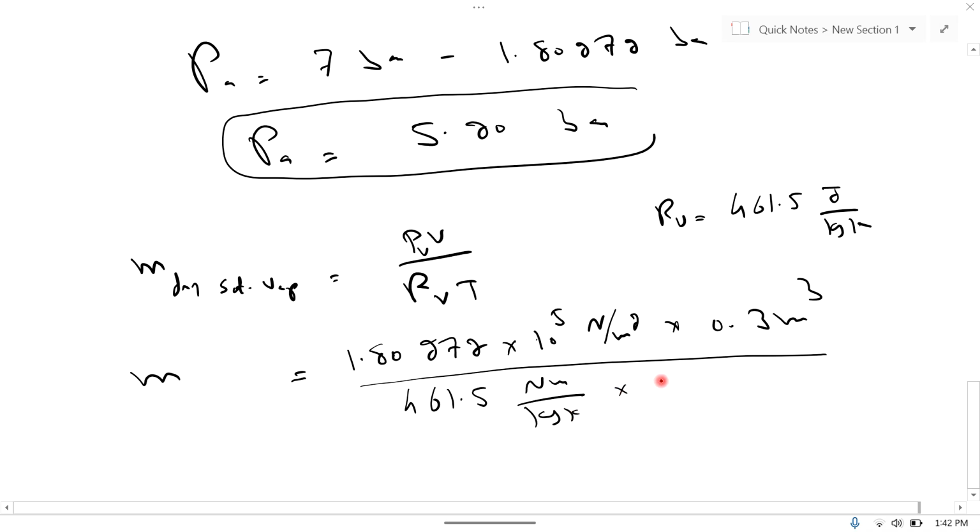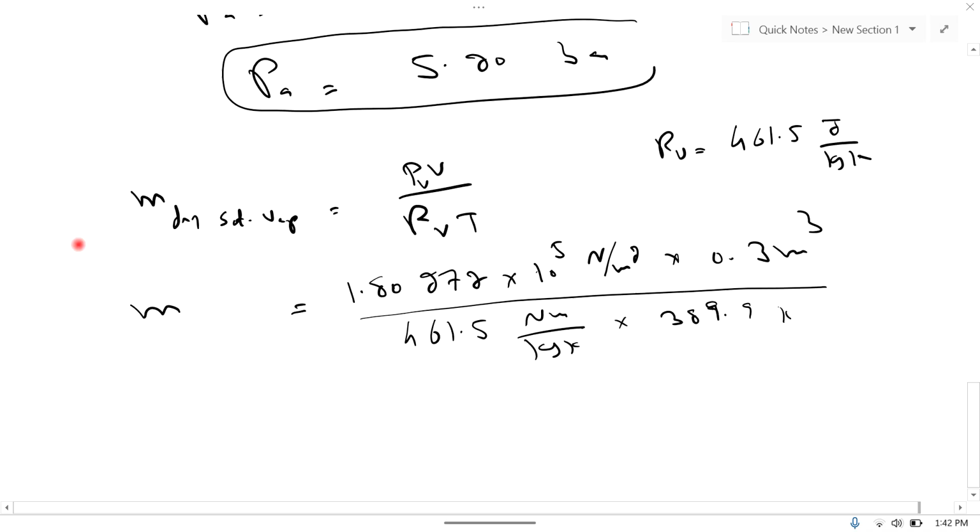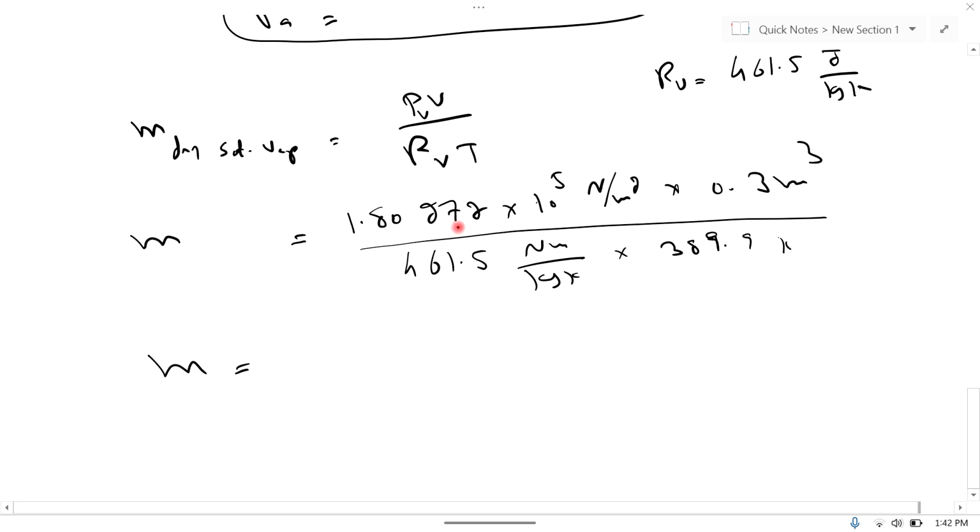And temperature is 389.9 Kelvin, which is given to us in the given data. Simplify this, multiply these two values and divide by these two values, which is equal to 0.3005, and this is in kilogram.